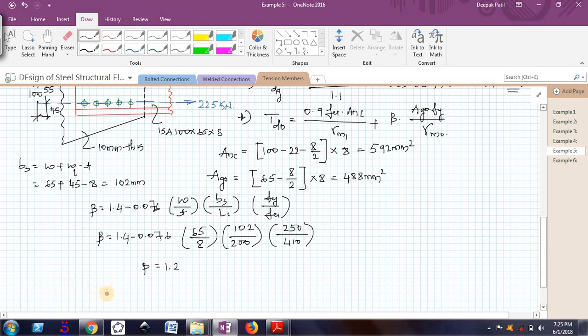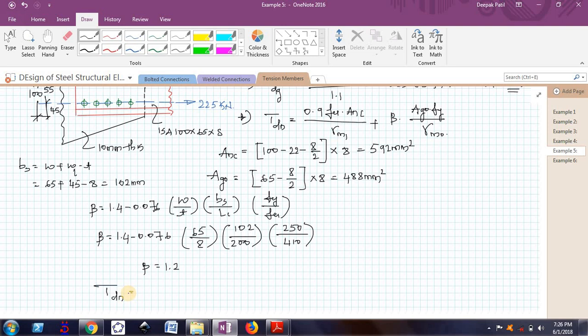Okay, so we'll plug all those values in that equation for TDN. I need to plug the values for Anc, Ago and beta in that equation. So it is 0.9 into 410 into Anc 592, divided by 1.25, plus beta 1.2 multiplied by Ago 488 multiplied by 250 divided by 1.1.